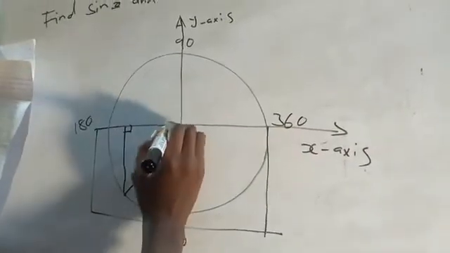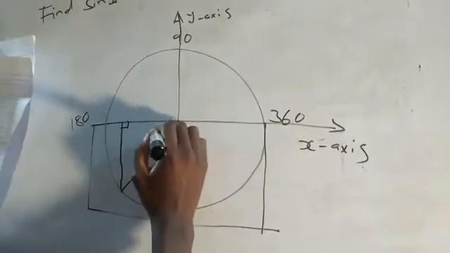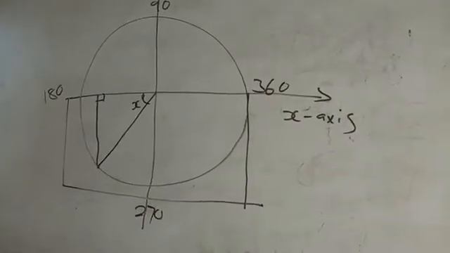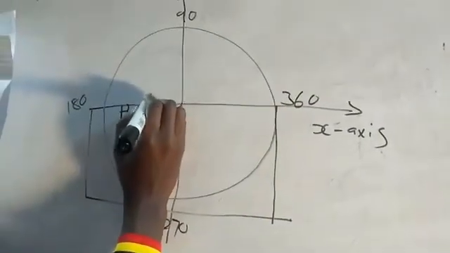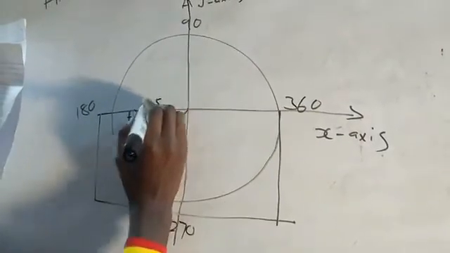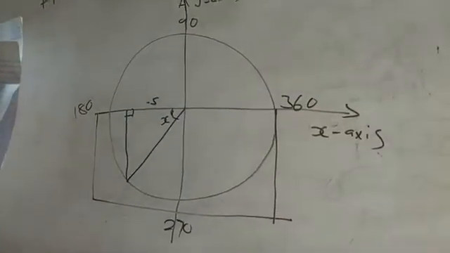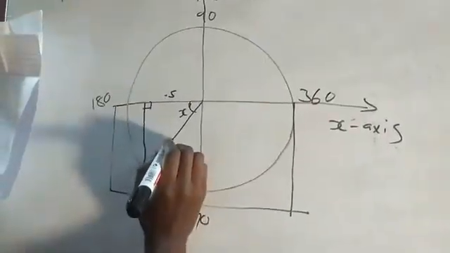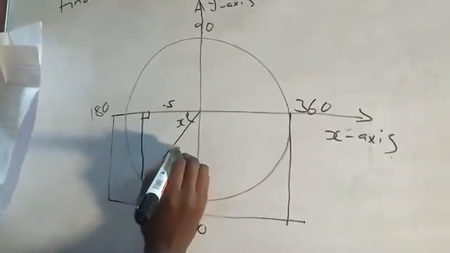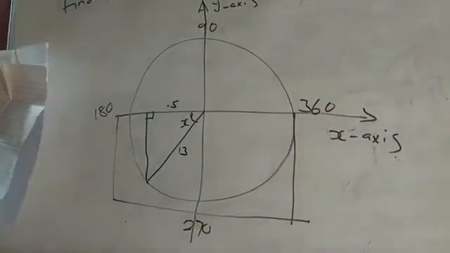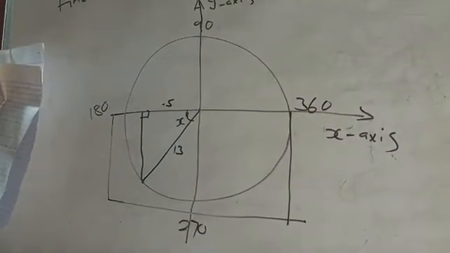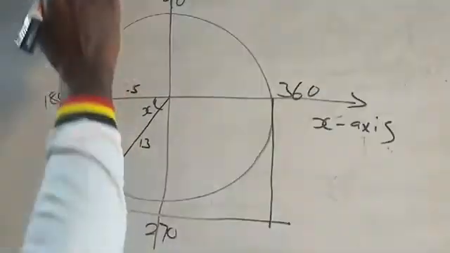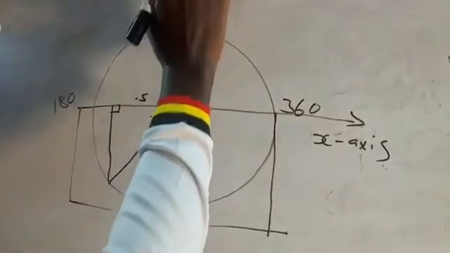And this is our x. So cos is adjacent, which is negative 5, over hypotenuse, which is 13, and they have told us to find sin x and tan x.